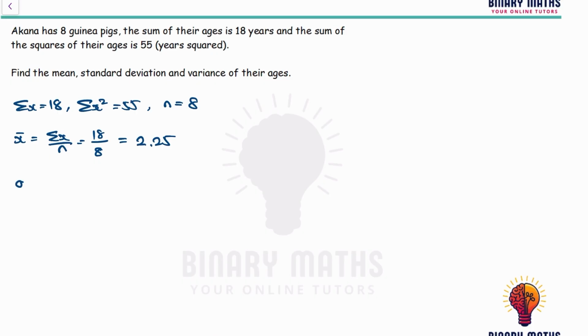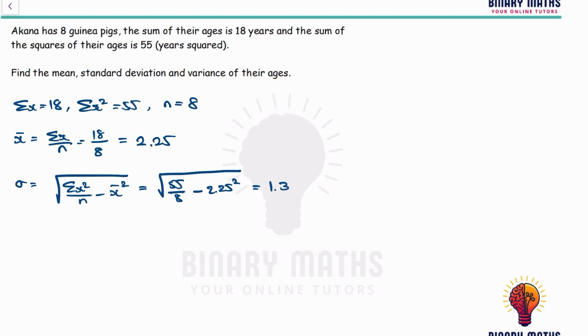Standard deviation is just sigma, which is square root of sum of x squared over n minus x bar squared, which is equal to square root of 55 over 8 minus 2.25 squared, which gives us a value of 1.346291.